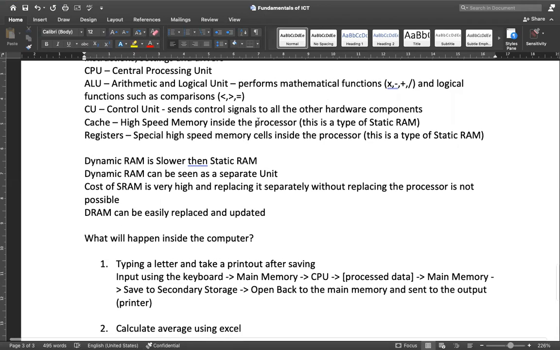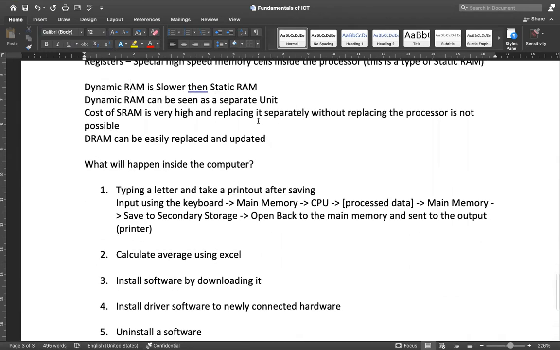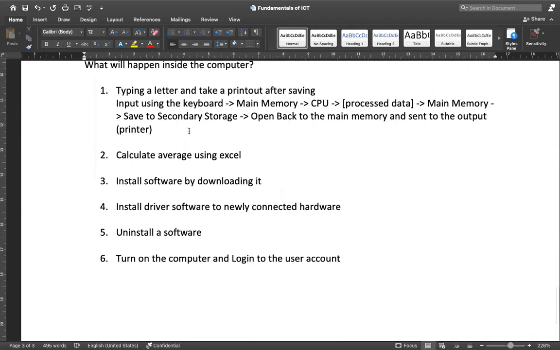Okay, now we know the components, so now we can answer the question. Calculate the average using Excel. To do that, you have to open Excel from storage.